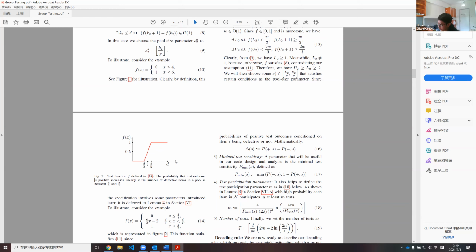The relationship between the number of defectives and the positive probability is defined as the test function f. And in this paper, we offer a testing method for nearly all test functions.